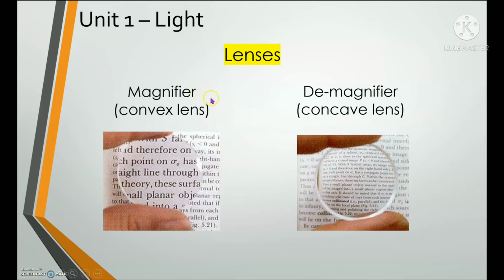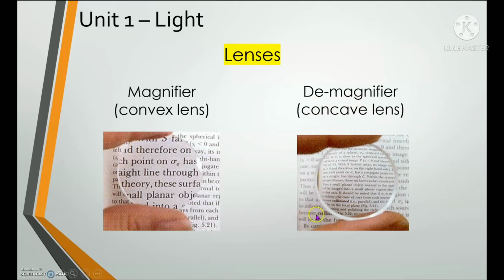Magnifier means it makes the image or the picture look bigger or larger. As we can see in this picture, this is the regular writing. But with the use of a magnifier or a convex lens, the image or the writing on the paper looks larger and bigger.